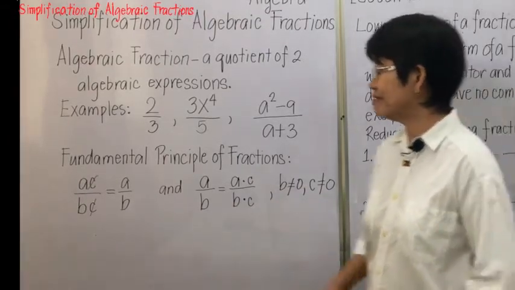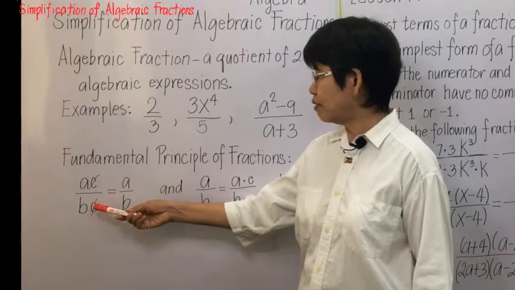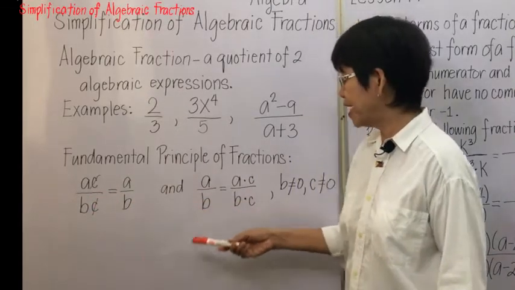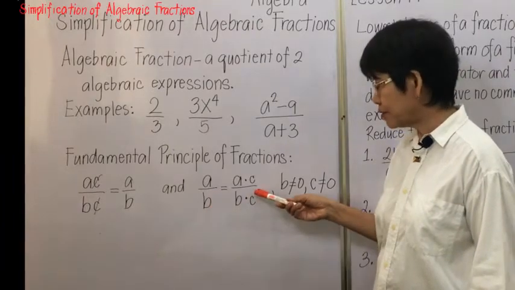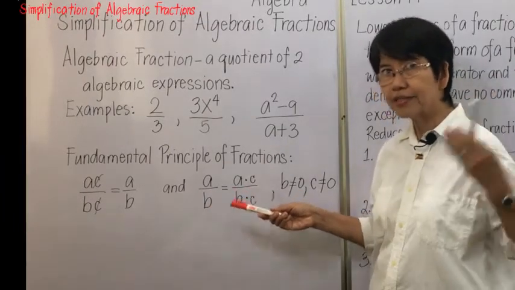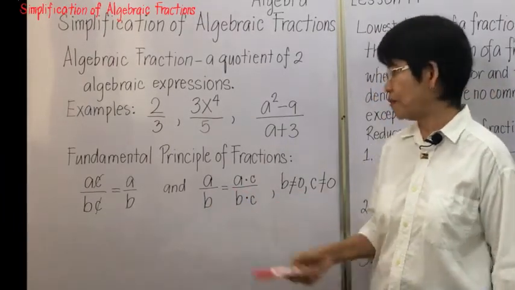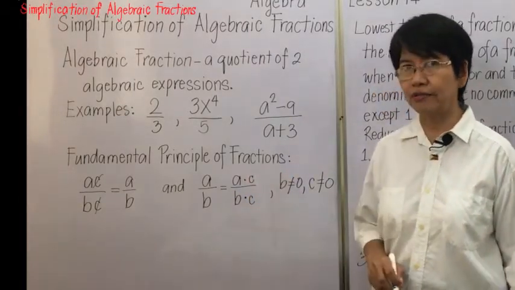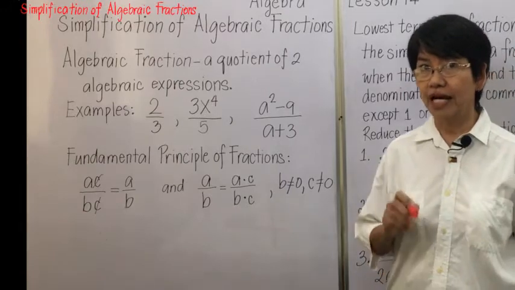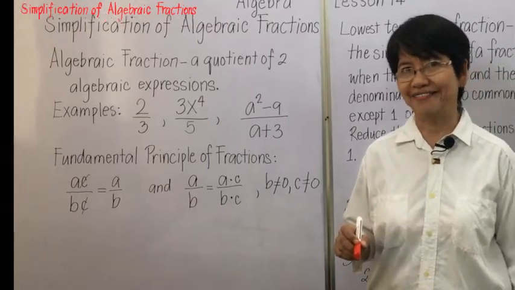So you can either get the lowest terms of a fraction, or raise the fraction to higher terms by multiplying the numerator and the denominator by the same non-zero multiplier.